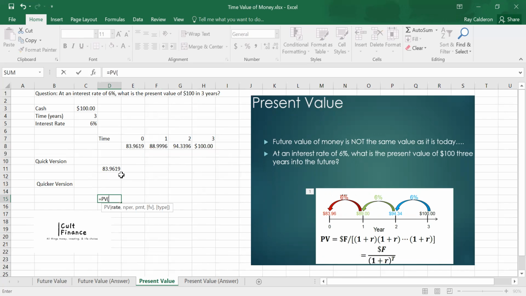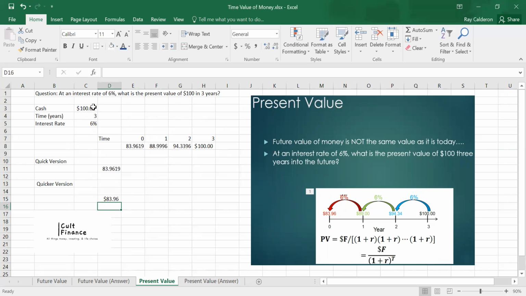And when you do that, just like the future value formula, it's going to give you a rate, the number of payments, the time horizon, future value, etc. So the rate is 6%, the time horizon 3, no payments, and once again, we have to negate the cash inflow or outflow, and it'll give you $83.96.